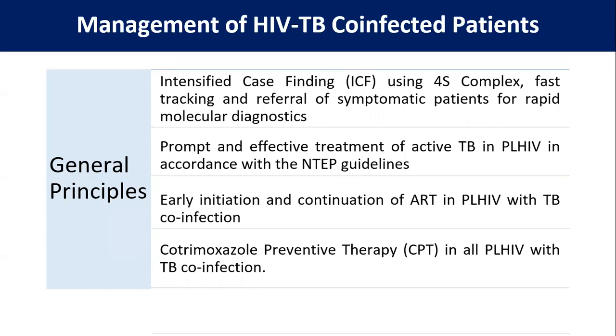We also provide cotrimoxazole therapy to those patients for prevention of other opportunistic infections. Tuberculosis is important because not only is its prevalence higher in the general population and more so in the case of HIV, but it is also one of the major causes of mortality in PL-HIV.